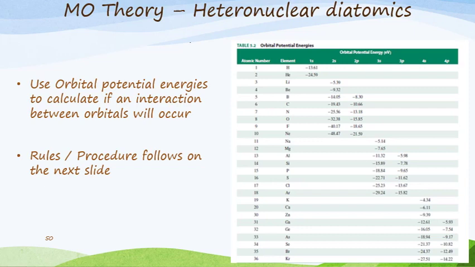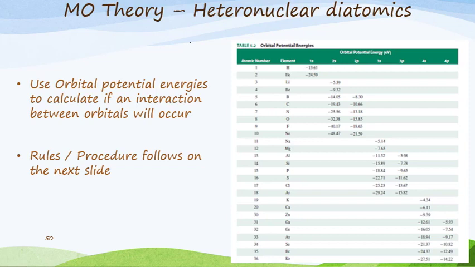The way that we do that is we look at the orbital potential energies, and then we calculate if an interaction between orbitals is going to occur. The rules for doing this will follow on the next few slides as I work through them, but you're going to focus particularly on table 5.2, where we look at the energies in electron volts for each of the orbitals.